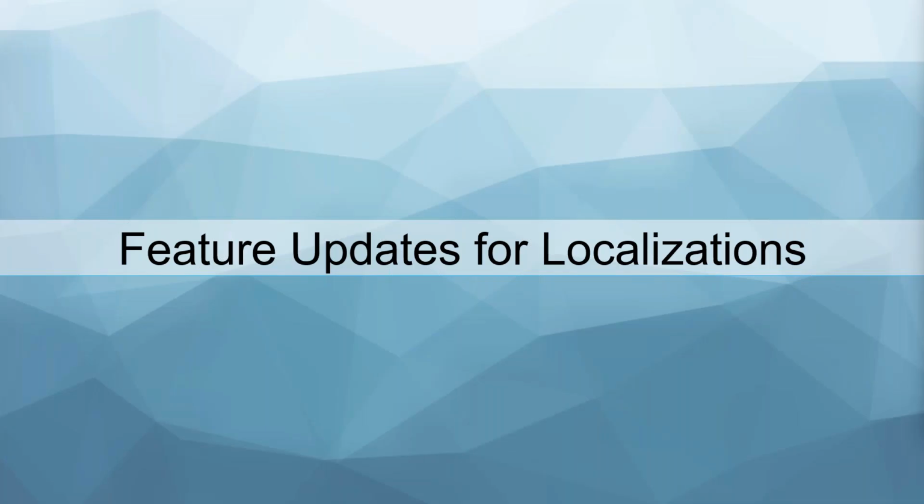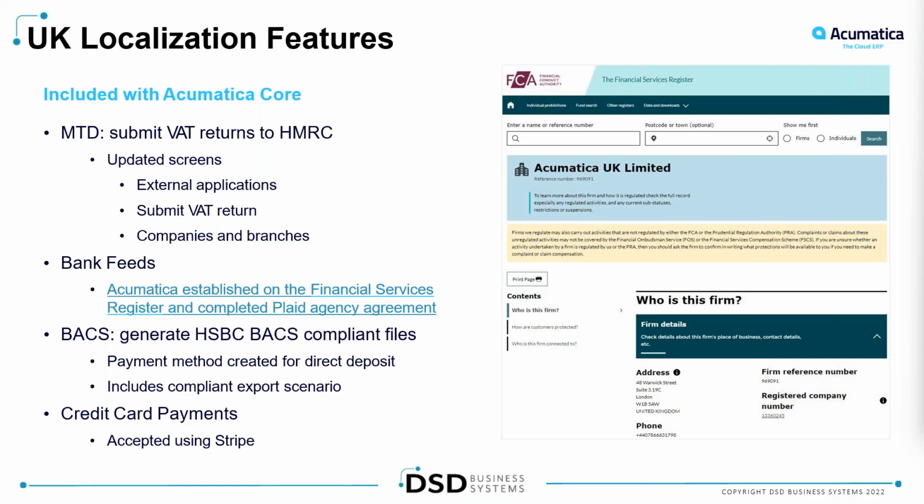Another strong feature coming up in this build of Acumatica and going forward is the concept of localizations. We're tending to see this a little bit more. In this case, there are UK localizations coming out and several other localizations coming, and we'll see that on the next slide in a minute.